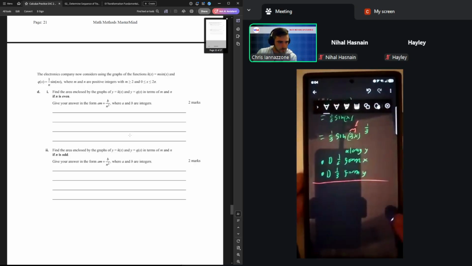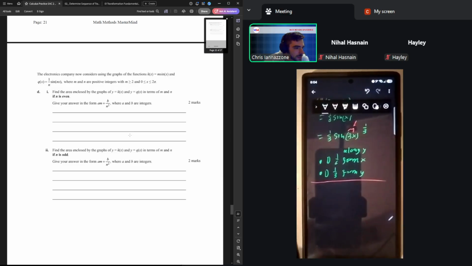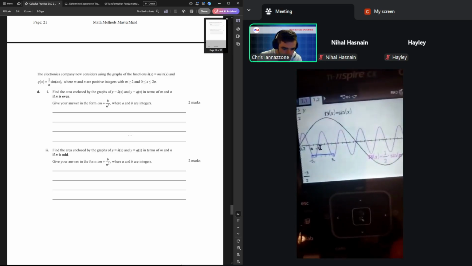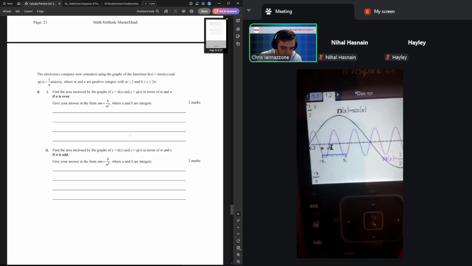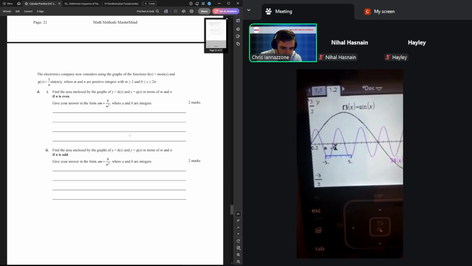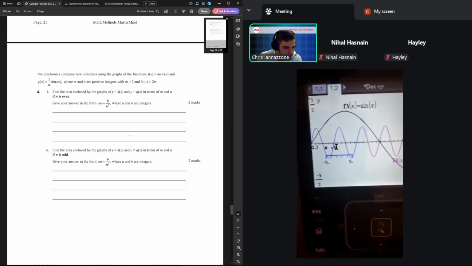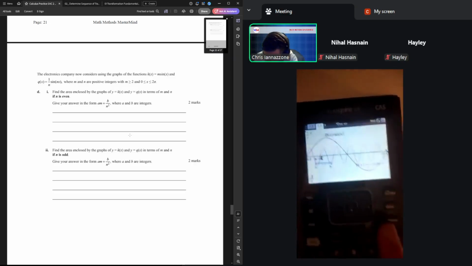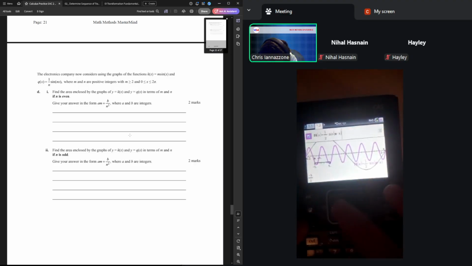Okay, let's try a different way then. Area enclosed by the graphs. So just by quickly looking again at our functions, what's top and what's bottom becomes a bit of a challenge, because, well, I kind of am only looking at that one, aren't I? If I did have n in here, would that still be an issue?